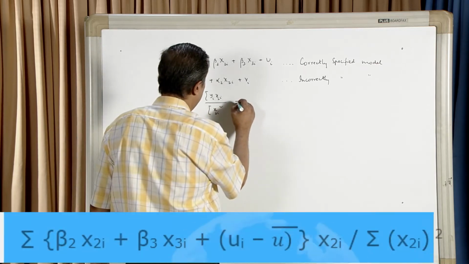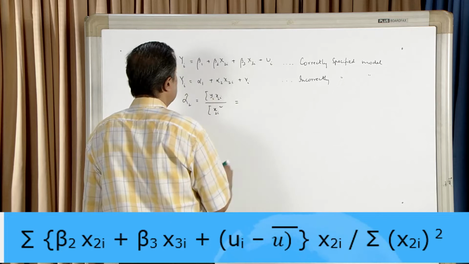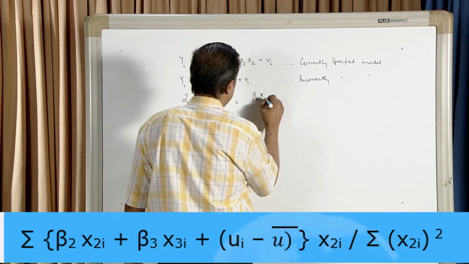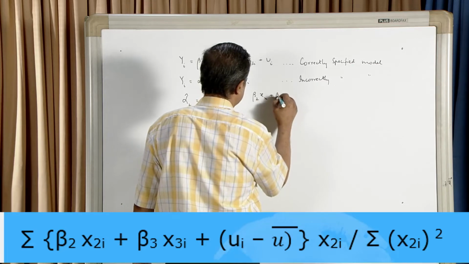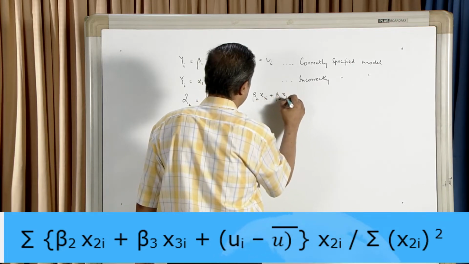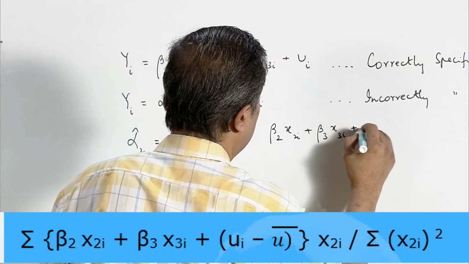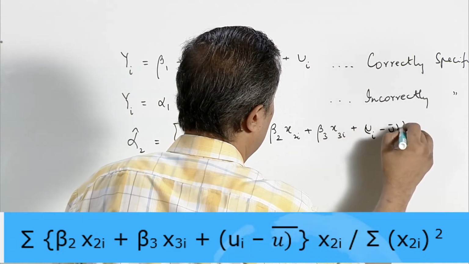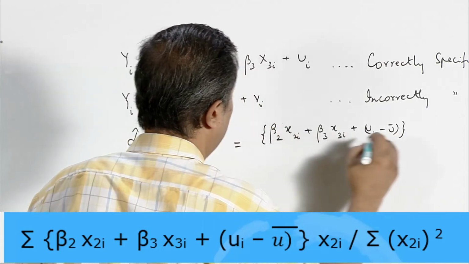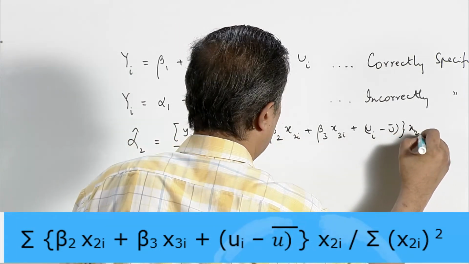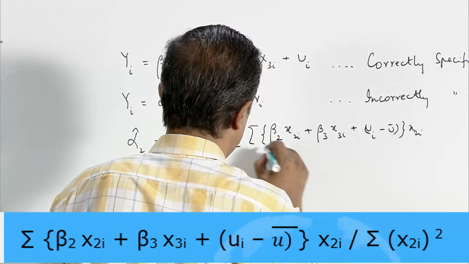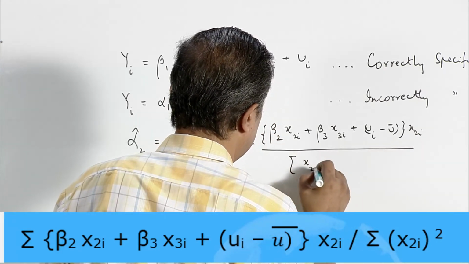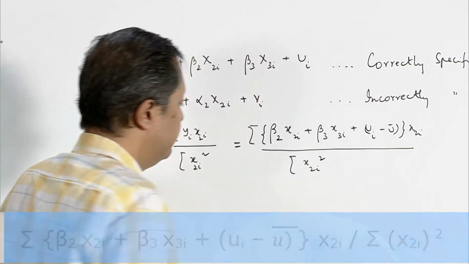Substituting the value of y_i from the correctly specified model, we have beta 2 x2i plus beta 3 x3i plus u_i minus u bar, the whole thing multiplied by x2i summed and divided by summation x2i whole square.